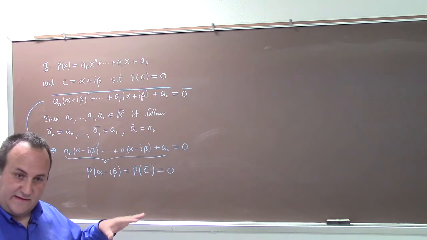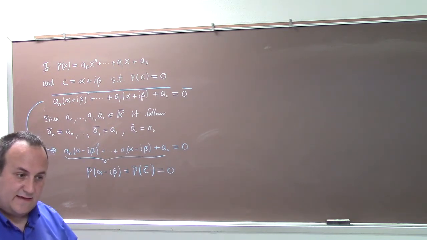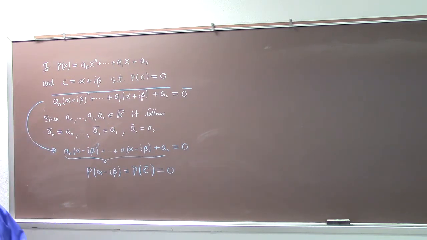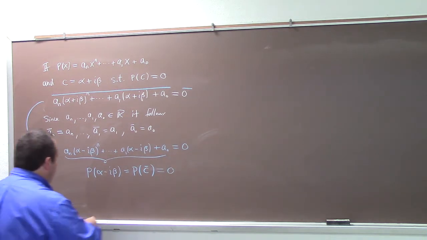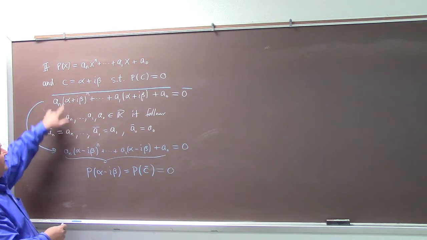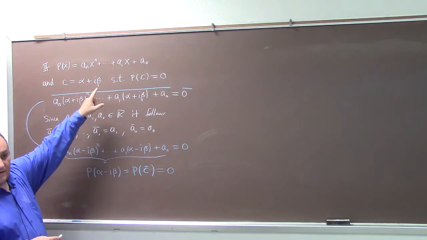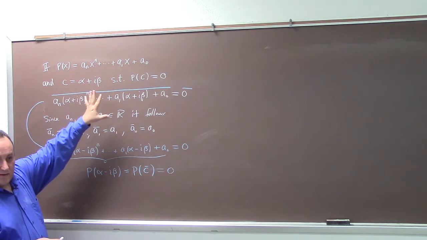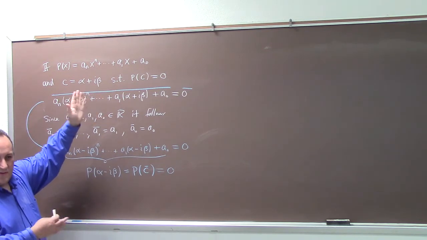You just take the complex conjugate of what you have, and you get the same equation, but with the complex conjugate replacing the complex number. Notice that this only works because the coefficients of the polynomial are real. If you had a complex polynomial, you could have other things.